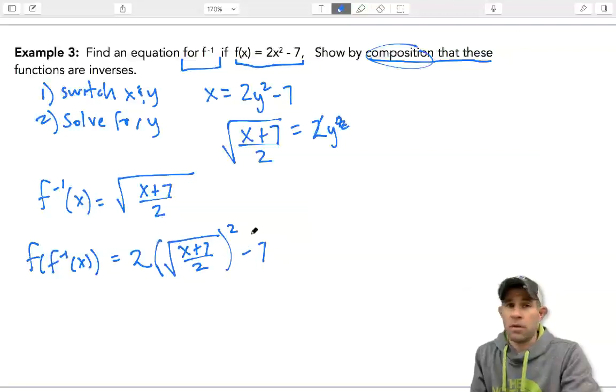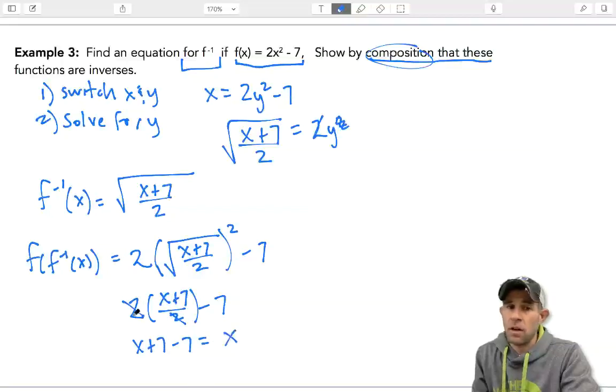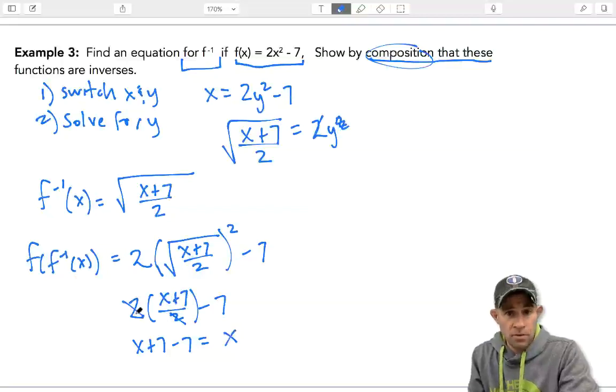Well, the square and the square root undo each other, so we're going to be left with just 2 times the quantity x plus 7 all divided by 2, minus 7. Now the 2's will cancel each other out, and I'll be left with x plus 7 minus 7, which results in x. So we say f of f inverse of x is in fact equal to x.